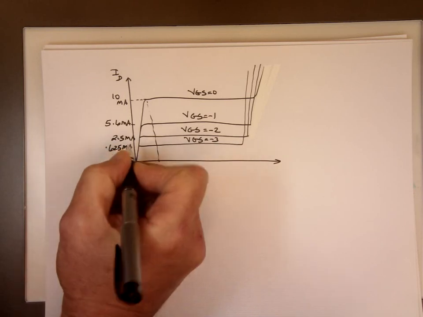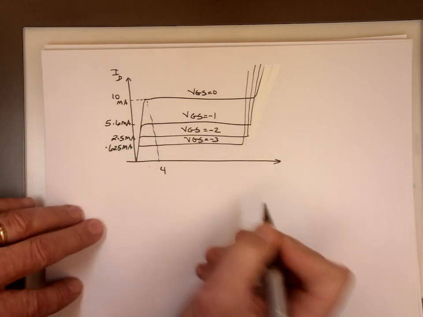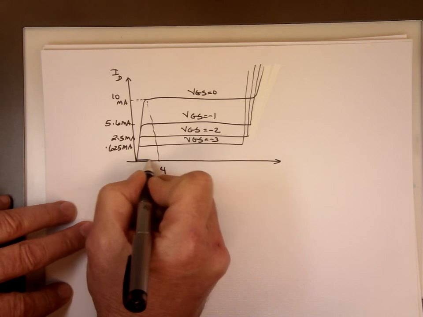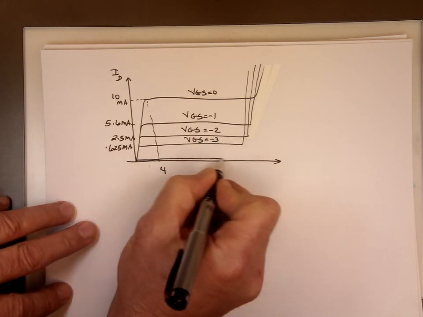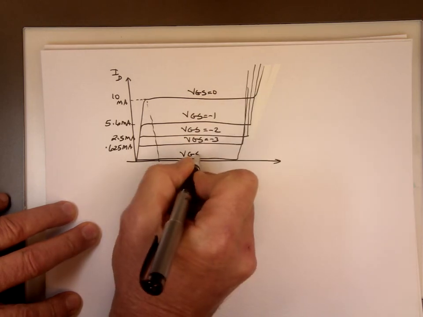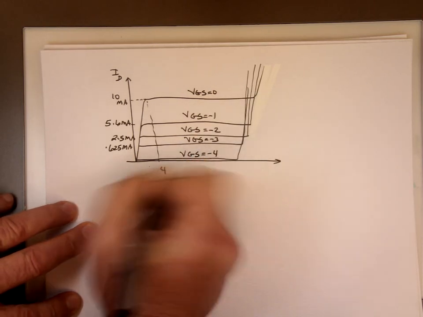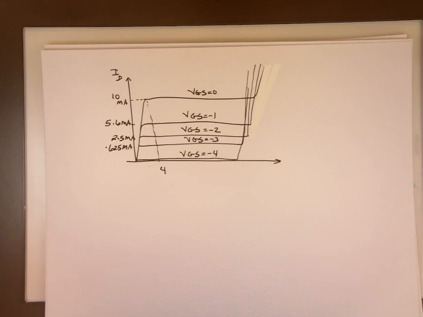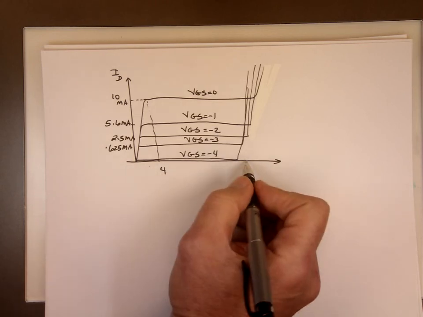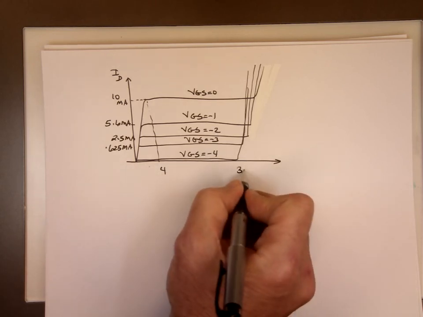And when it goes down to VGS equals -4 down here, the current will look like a 0. And that's why it is 0. Now VDS here might be 4. This particular one, the breakdown, the maximum value, is 30 volts. Let's use that one.